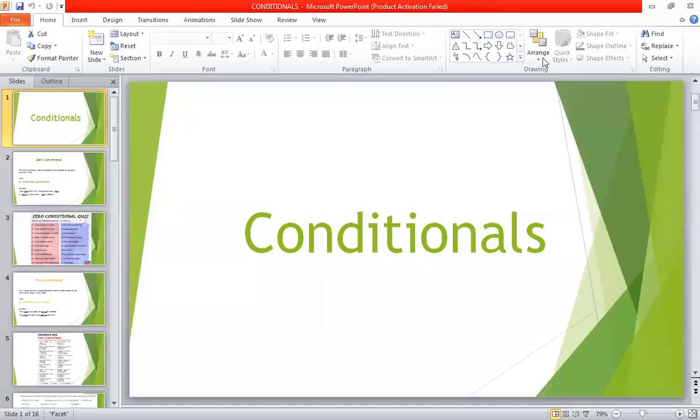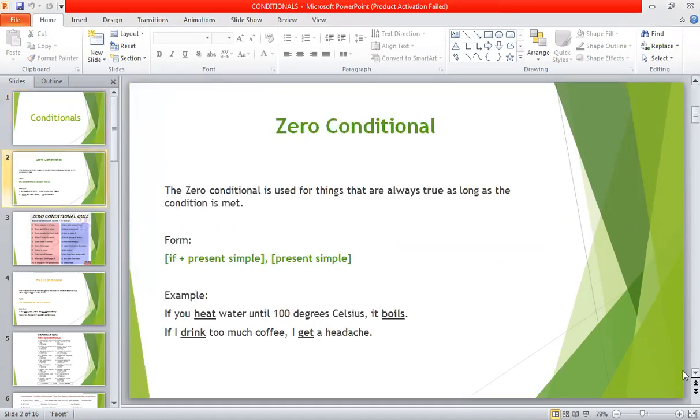Our new grammar lesson is conditionals. When we talk about conditionals, which means that we talk about if, we have four conditionals: zero, first, second, and third conditional.